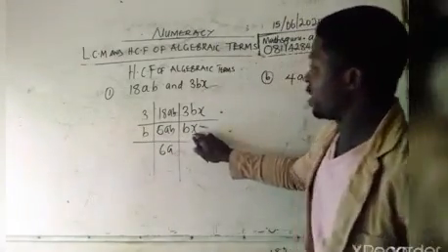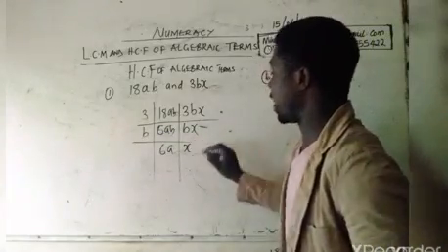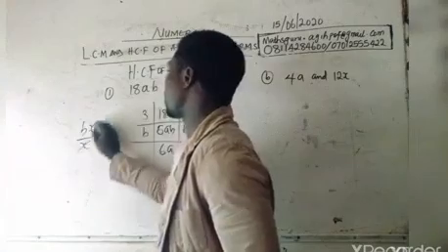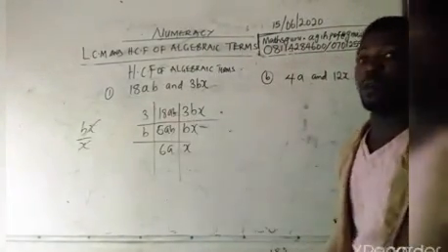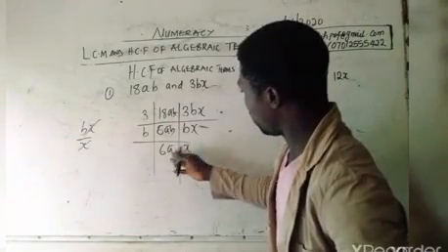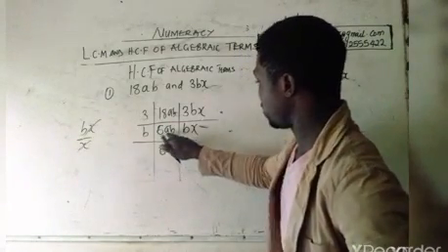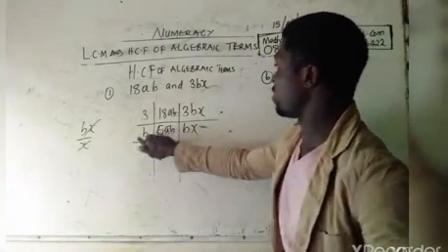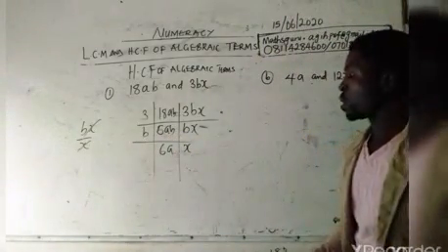And BX divided by B will give us X. Therefore, we have 6A as 6AB divided by B, and X as BX divided by B.